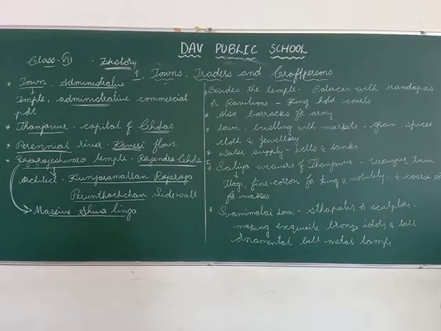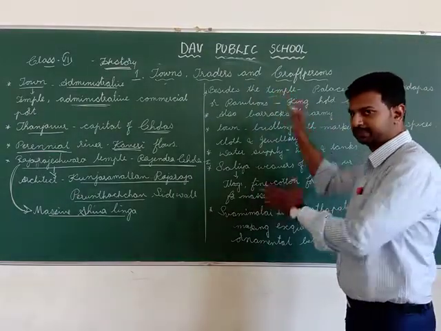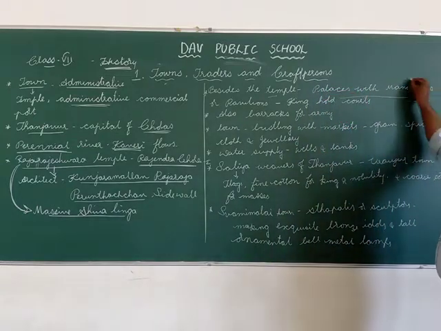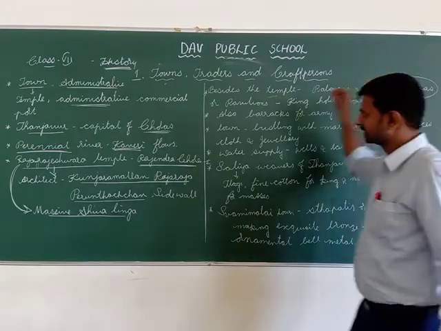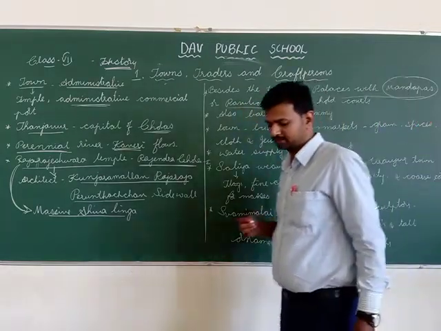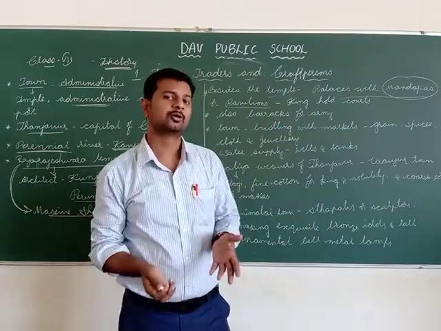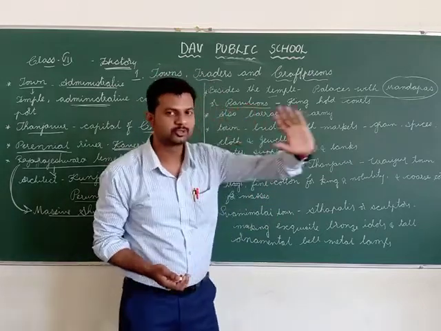See, beside the temple, next to the temple, the palace with mandapas. This is very important: palace with mandapas or pavilion. In cricket we have learned about the pavilion: he was out because of fantastic bowling, so he moved towards the pavilion.